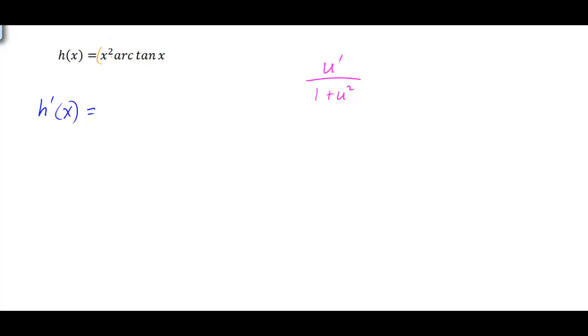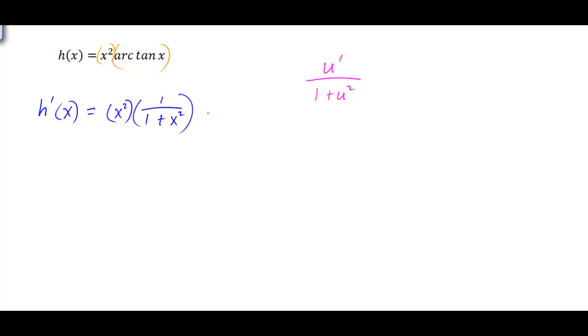So up here, we're actually going to have to use our product rule, okay, because we're multiplying x squared times the arctangent. So the product rule says that we're going to take our first piece, which is the x squared, and that's going to be multiplied by the derivative of the arctangent. Well, the formula for the arctangent is u prime, so that's going to be 1 over 1 plus u squared, so that's simply x squared.